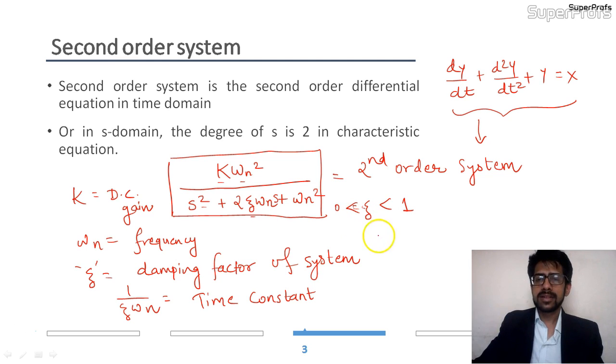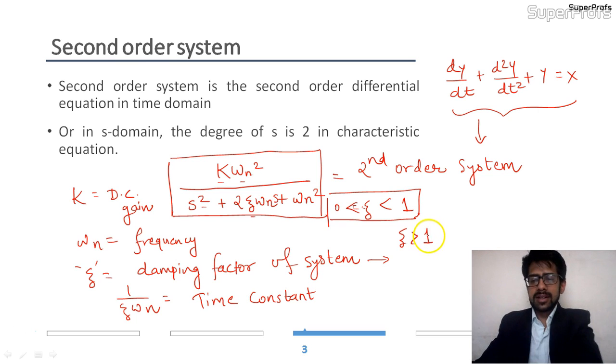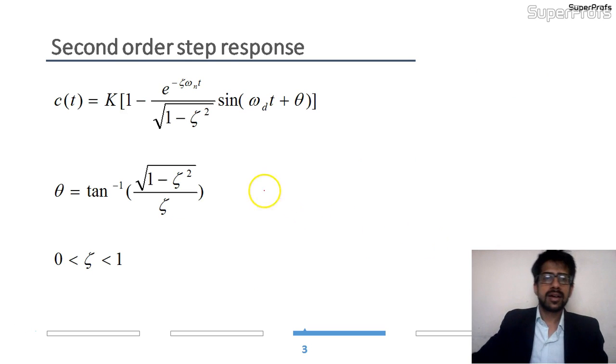Now, zeta can also be more than 1, but for zeta between 0 to 1, which is a damping between 0 to 1, we get the time domain response as follows.